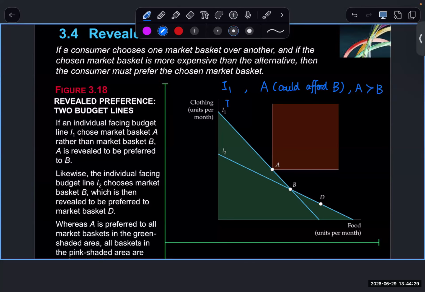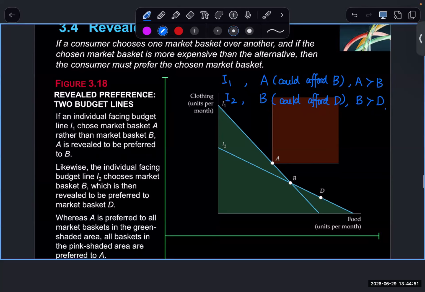If in the budget line I2, you choose B, but you also could afford D, what does it mean? That means you prefer B to D. This is just what revealed preference means, okay? So here, A is preferred to B, preferred to D, because you choose A.